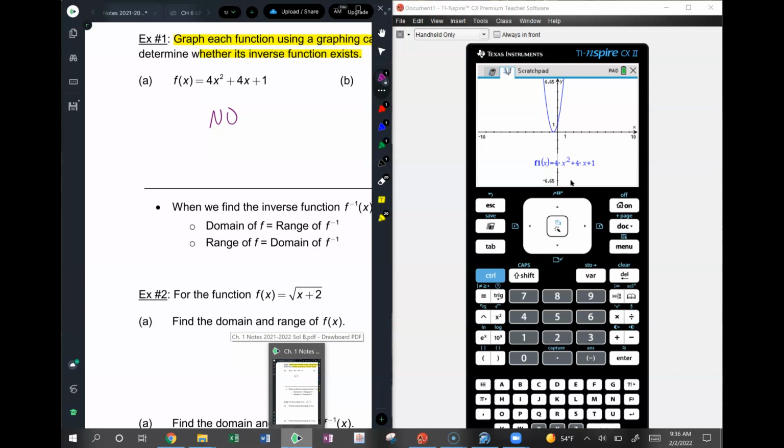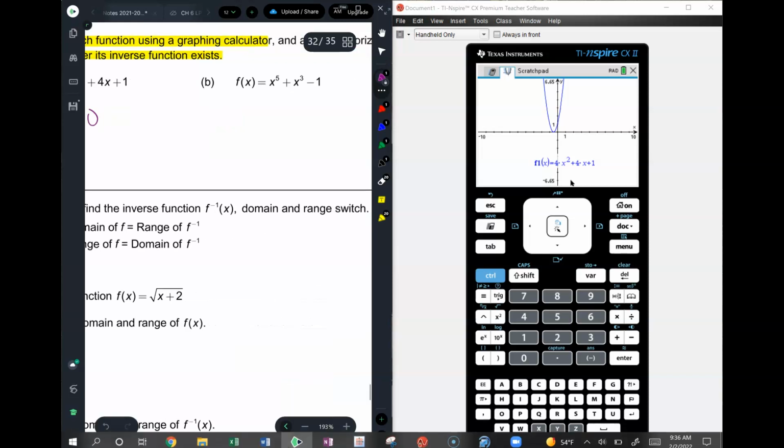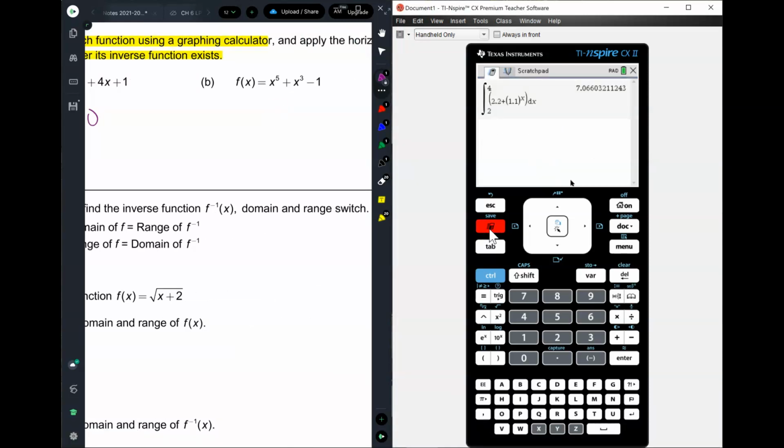The next one, x to the 5. So let's do the next one. Delete this. So x to the 5 plus x cubed.